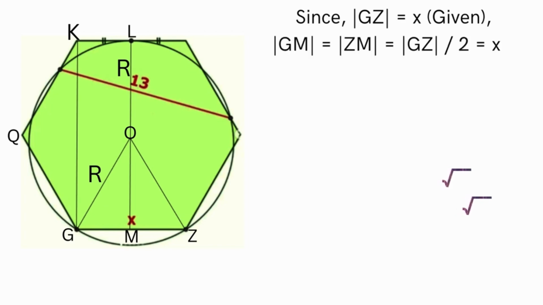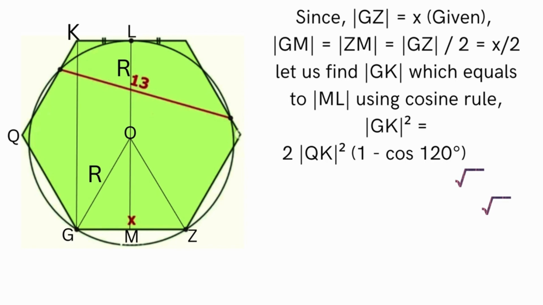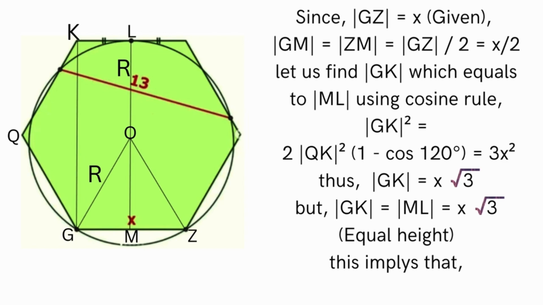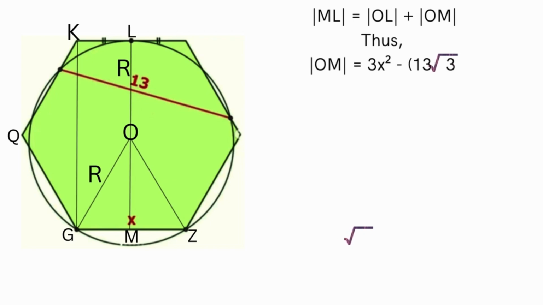We can find GK using cosine rule, which gives us GK to be equal to the product of x and square root of 3. In triangle GOM, we use Pythagoras' theorem to find the square of r.